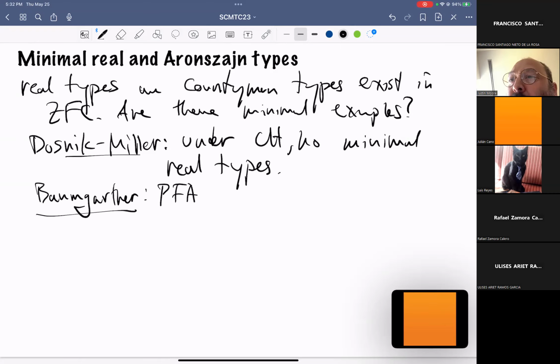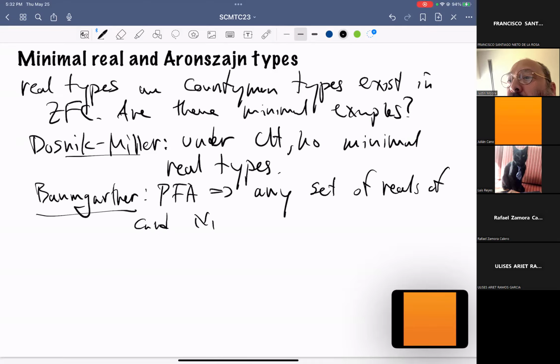is that PFA implies that any set of reals of cardinality aleph 1 is minimal with respect to being an uncountable linear order.